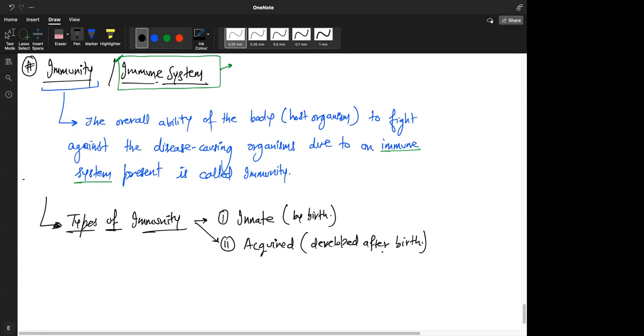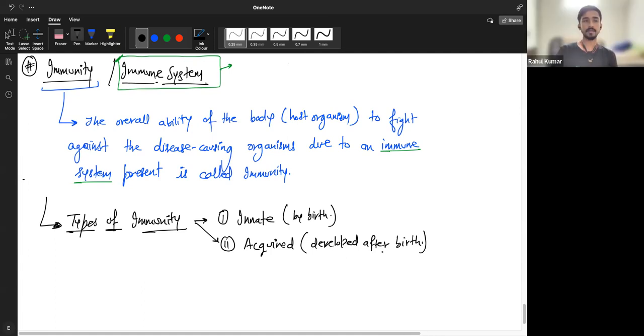Because we as people living in India and exposed to almost thousands of pathogens in our life, we can tolerate many of them, right?